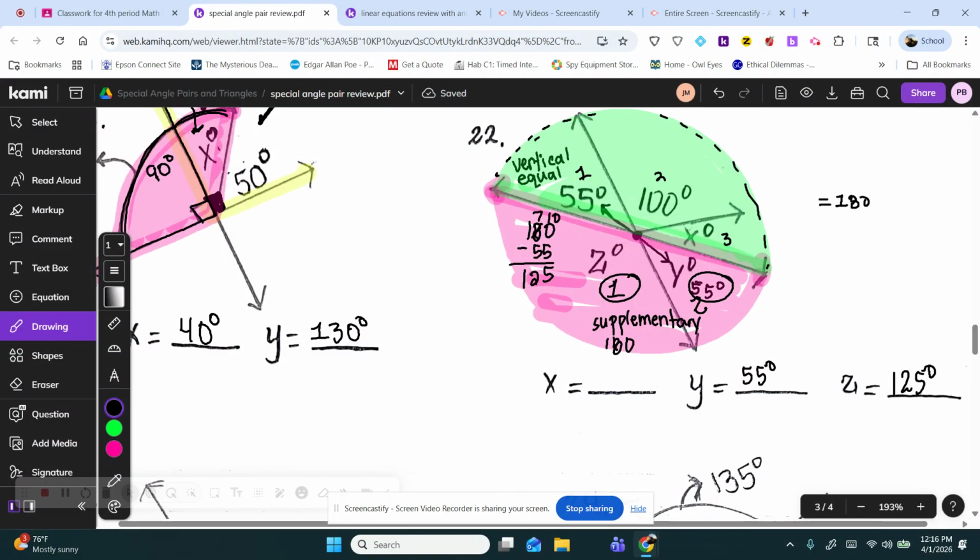Well, what do you know about angle 1 and angle 2? Together, they make 155 degrees. So if you want to figure out angle 3, you can simply take 180 and subtract 155. So that leaves the measure of X to be 25 degrees.